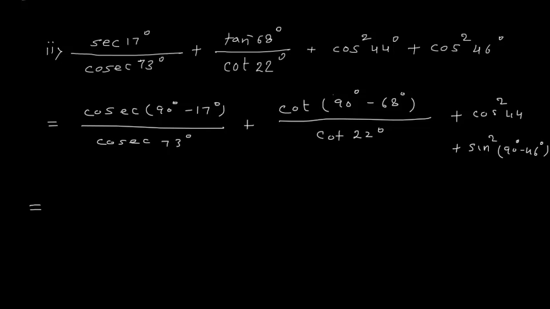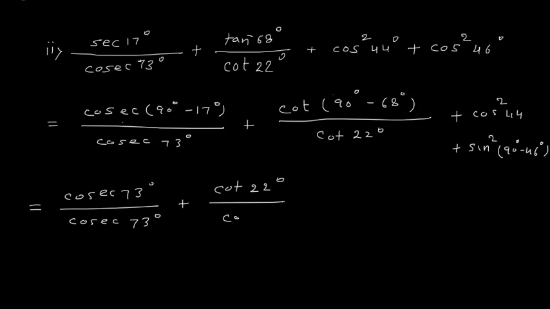So this is equal to cosec 90 minus 17, which is cosec 73 degree, divided by cosec 73 degree, plus cot 90 degree minus 68 degree, which is cot 22 degree, divided by cot 22 degree, plus this is cos square 44 degree plus this is sin square 44 degree.